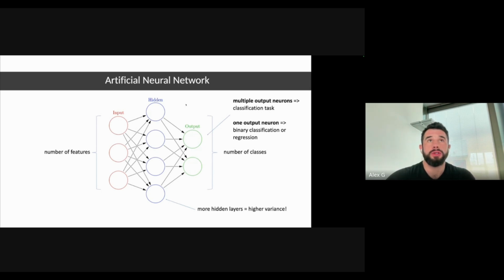The artificial neural network, I told you in the last lecture, was inspired by biological neurons and how they are connected in our neural system. These mathematical models consist of several typical elements. In front of you, you can see the typical structure of a neural network with the input layer in red, the output layer in green, and the hidden layer in blue.